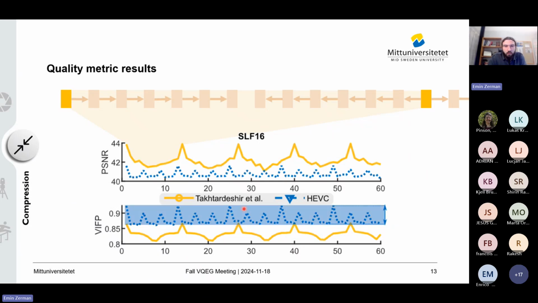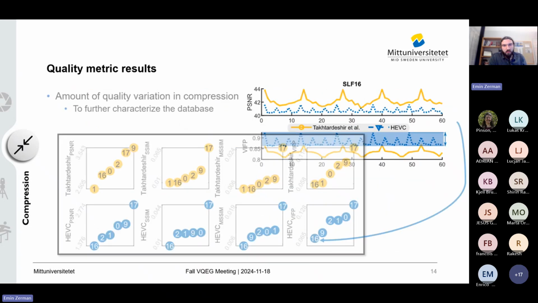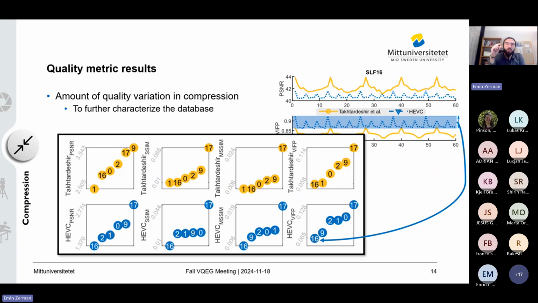While looking at this data, we also noticed that this variation can be used to characterize the light field data. So we tried to plot these variations, which show how much the light field data is affected by compression.